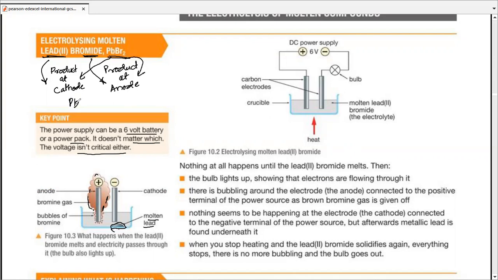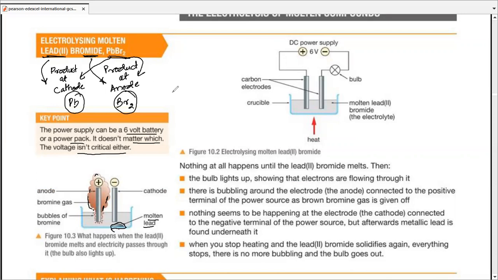So we'll have some lead around the cathode, we'll have some bromine around the anode, bromine gas, I mean. In this case, it's formed in the form of gas. So our molten compound broke down into its constituents, lead and bromine, which we got separately at separate electrodes, lead at cathode, bromine at anode.